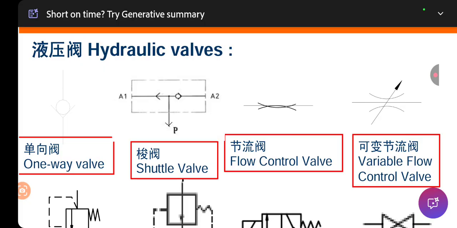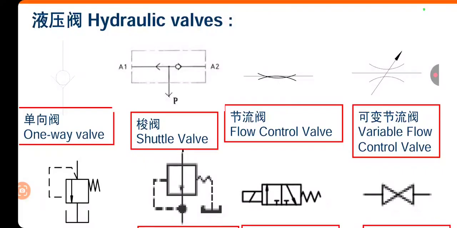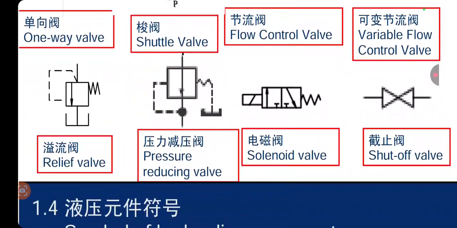If it is operated with the help of negative pressure, then it will not be a check valve, it will be a suction valve. But if it is operated on a positive pressure, then we can say that it's a check valve. Okay, then we have shuttle valve and flow control valve for controlling the flow, variable flow control valve, a relief valve. We already studied relief valve, and pressure reducing valve, solenoid valve, and shuttle valve. These are the symbols for these valves.